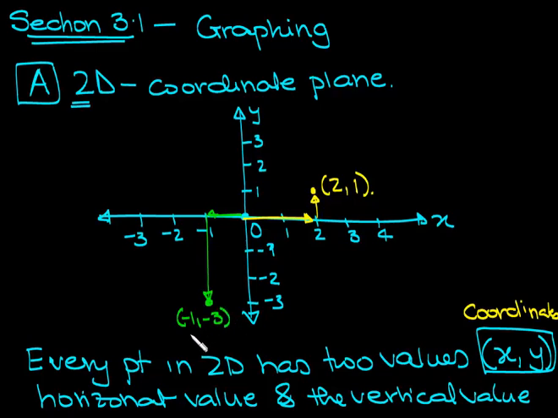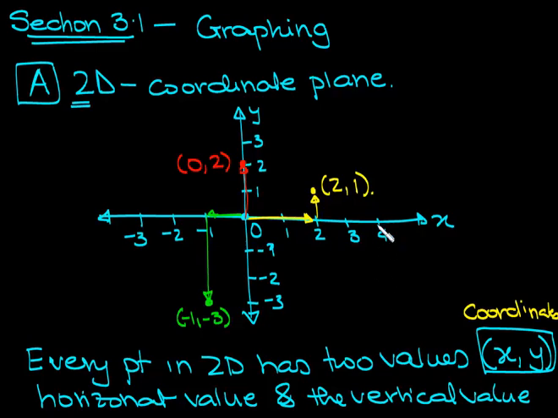Now we don't always have to go up and down and sideways. We can just stay either horizontal or vertical. So let's take a look at those points. Here's a point. If I just go vertically up here, and that's it, I don't move horizontally at all. So horizontally my value is 0. Vertically my value is 2. And similarly you can draw other points in the plane.